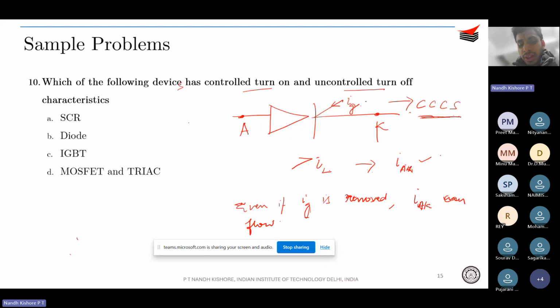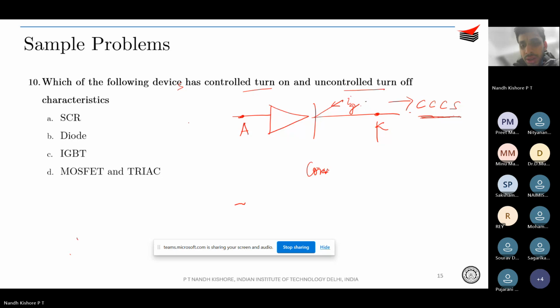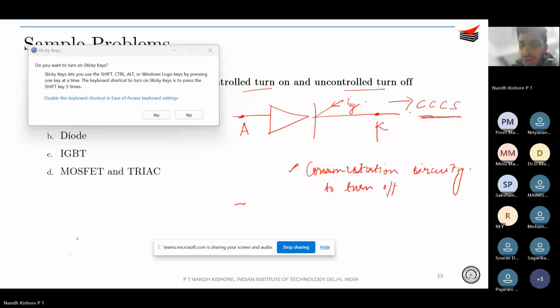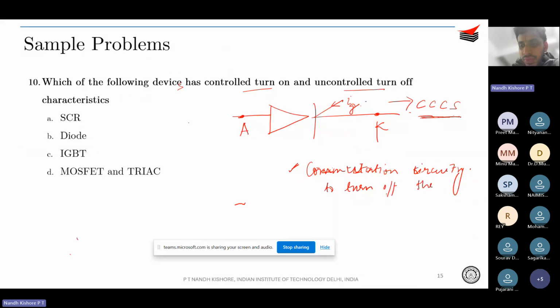In order to turn off the device or commutate the SCR, you have a separate commutation circuitry to turn off the SCR. This is one.